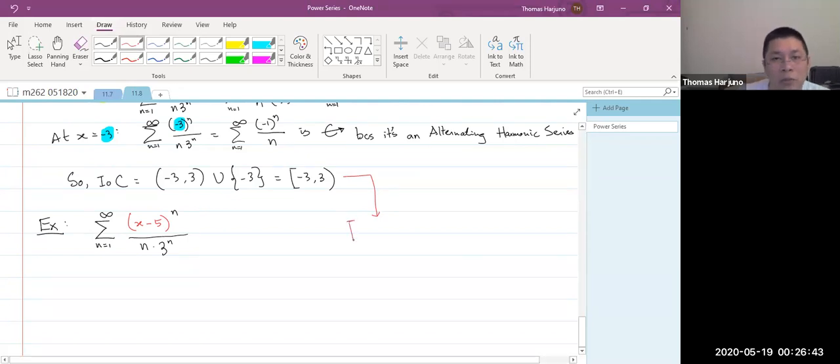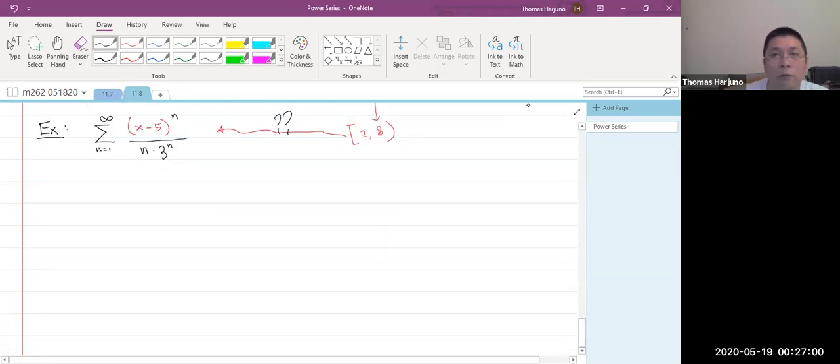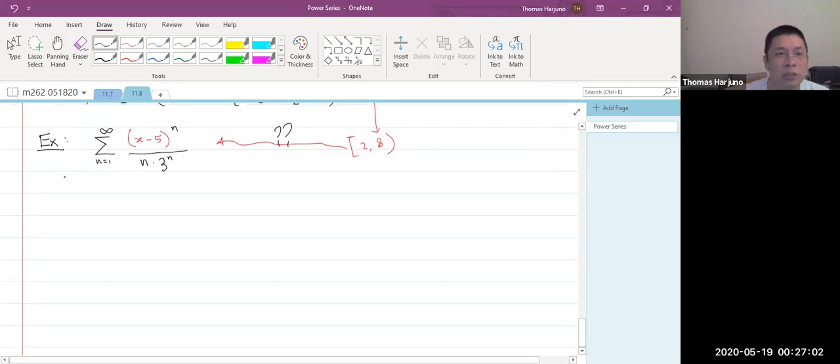It becomes from 2 to 8, because you basically move the series to the right 5 units. But let's confirm why that's true. The radius of convergence will still be 3.